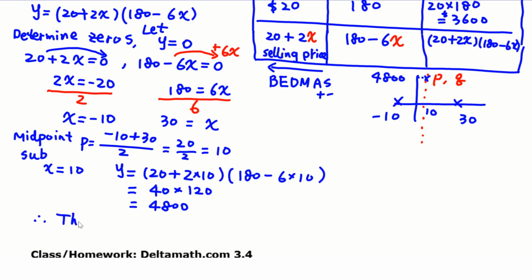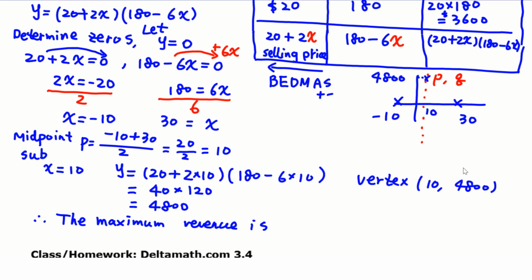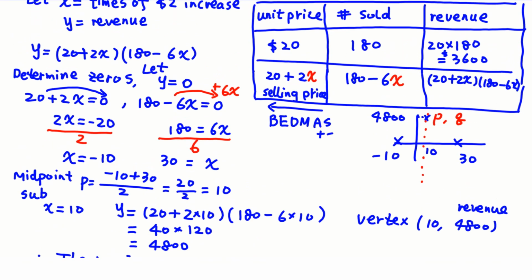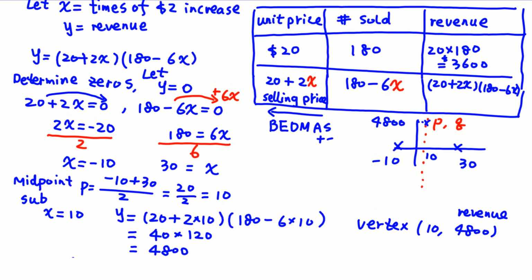Therefore, the maximum revenue is... So we are going to write the vertex here as (10, 4,800), and we know this is revenue because we defined y equals revenue, and x is the number of $2 increases, 10 times $2 increase.